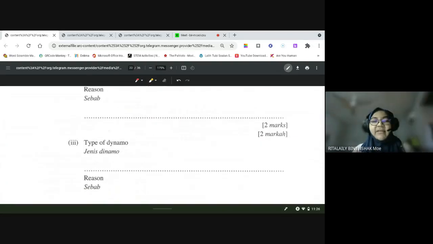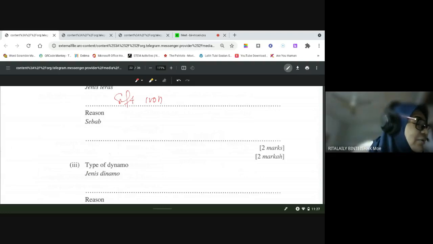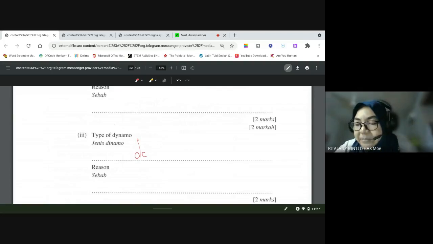Why AC? If DC, why DC? There must be a reason why. So that current will flow in only one direction. Less suitable. So let's say we choose DC. Why DC? What is the difference between DC and AC? It wants continuous light.